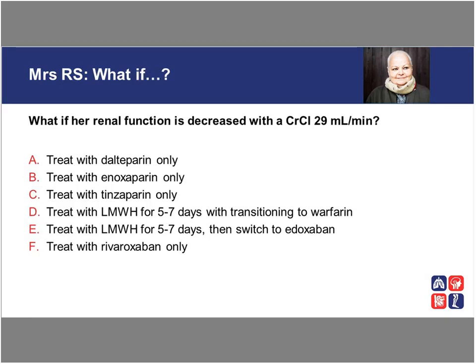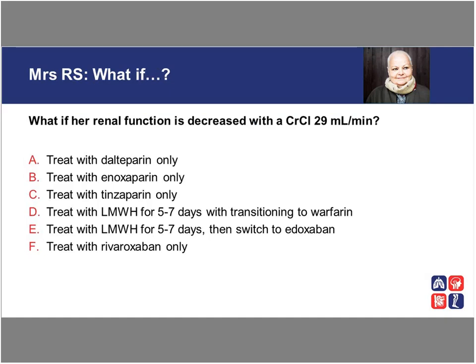So here, her renal function is decreased to a creatinine clearance of 29 mL per minute. So we just discussed quite adamantly the safety of any anticoagulant with creatinine clearances below 30 mL per minute, with the exception of warfarin.